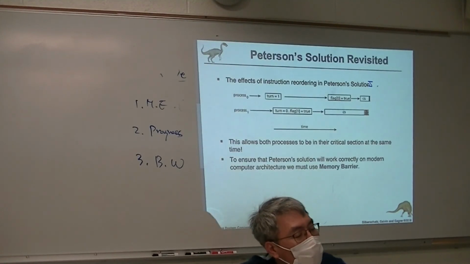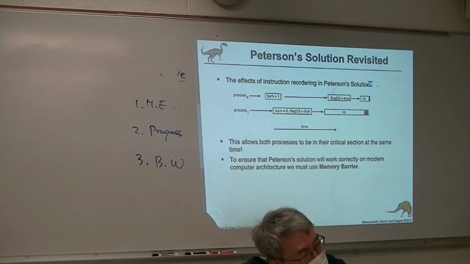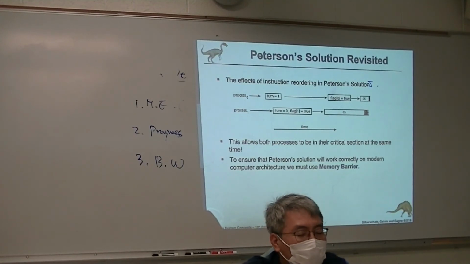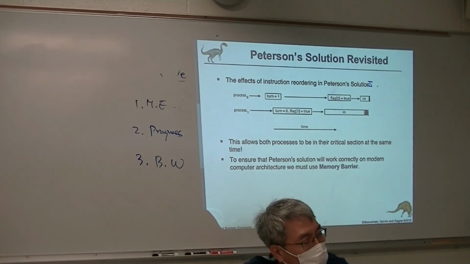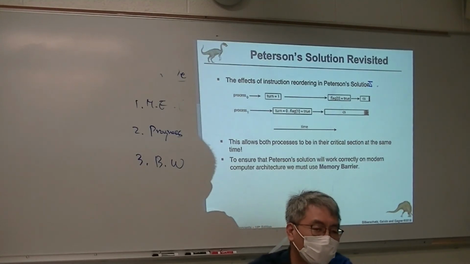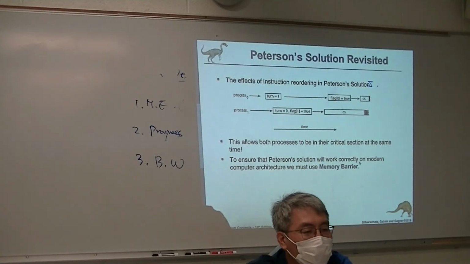So the slide showed such a limitation of the Peterson solution. It's not only a problem of the two process cases. Nowadays, with multi-threaded, multi-core and multi-processor systems, it is not guaranteed. It's an issue. So how can we address such a problem? We are going to use what is called the memory barrier.